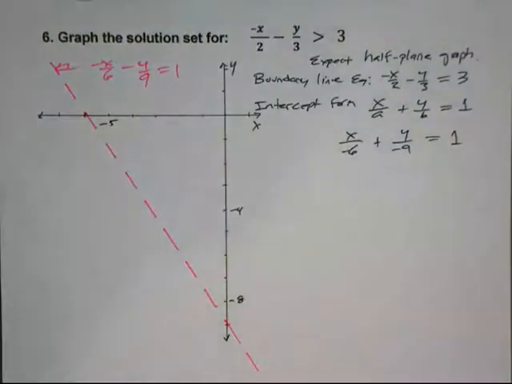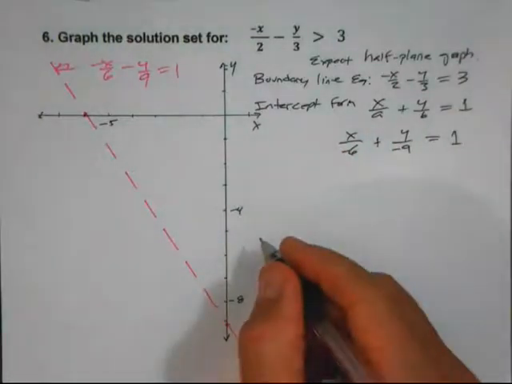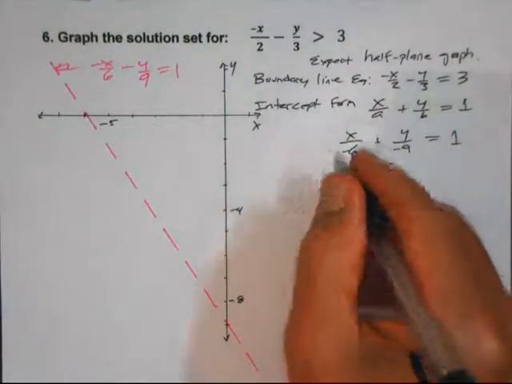Now, what about which side to shade? Okay, for shading, we could test 0, 0.